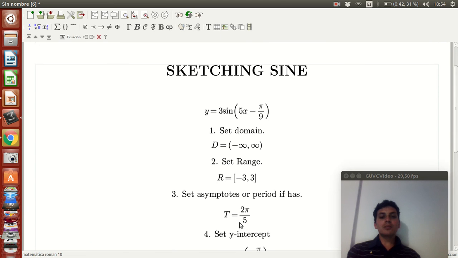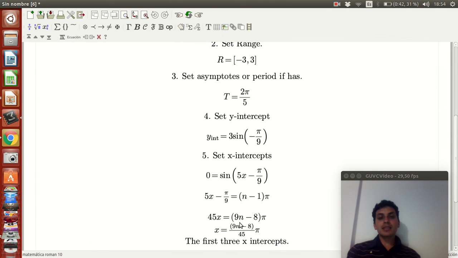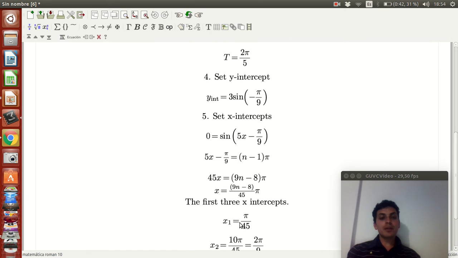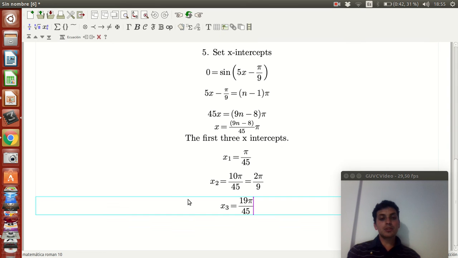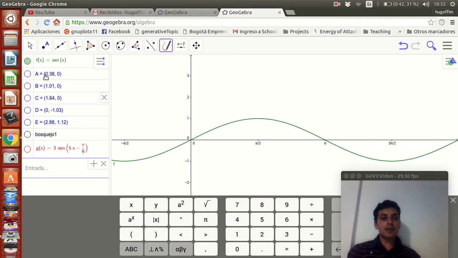So you just set the domain, the range, the asymptote or period, the y-intercept, and the x-intercept. So we're going to determine the function. I have here the y-intercept, using a calculator to determine it, and I have here the x-intercepts.